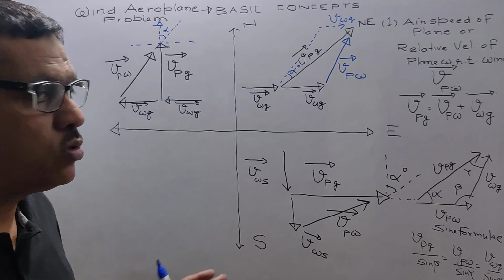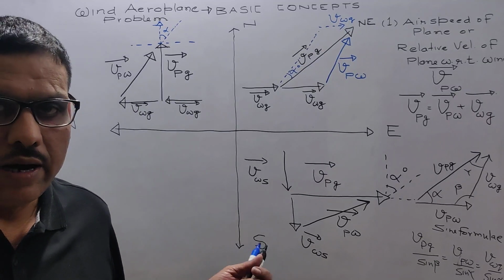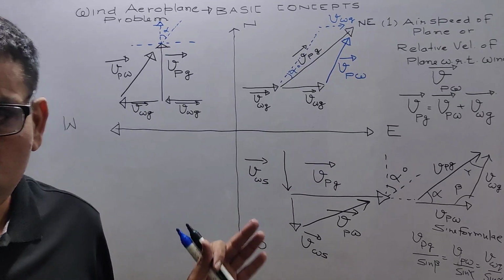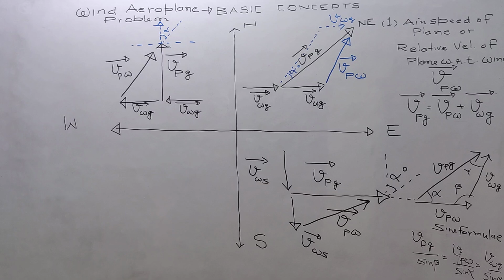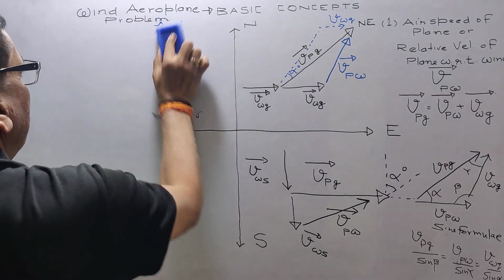Now let us take one question from A.C. Verma, a problem based on wind and aeroplane. So let us see how to solve that problem. This is question number 49 of A.C. Verma from the kinematics chapter.